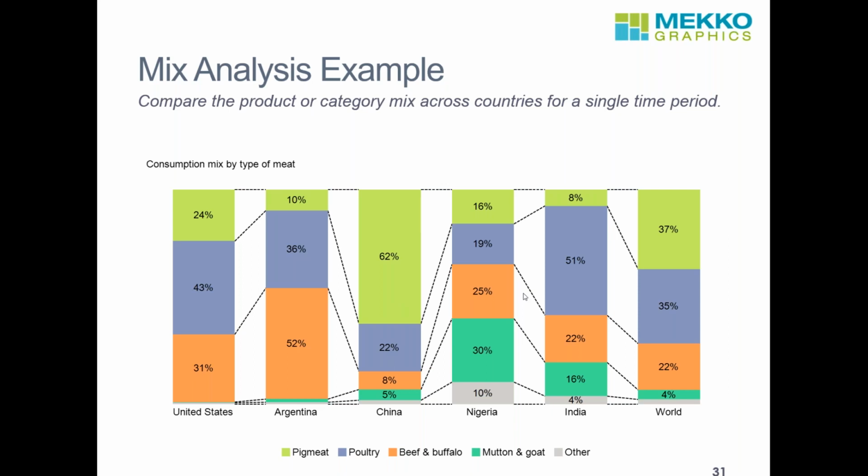And it's all 100%, so we're ignoring the fact that probably overall meat consumption is much lower in a country like India than it is in the United States. We're just looking at the mix of different meat products. And then I've got the world mix here on the right-hand side as a benchmark.